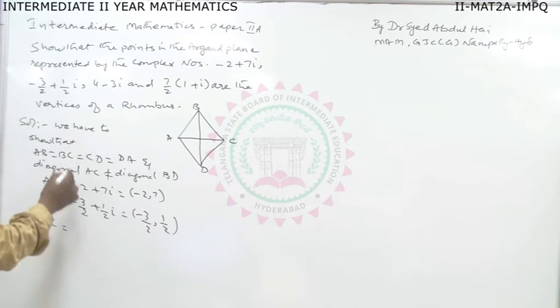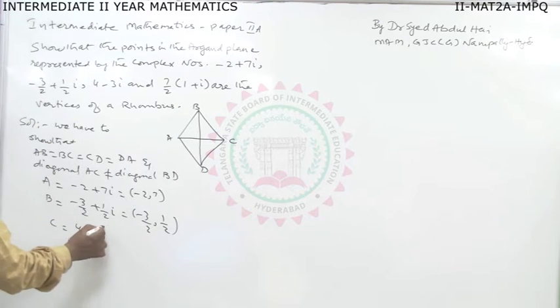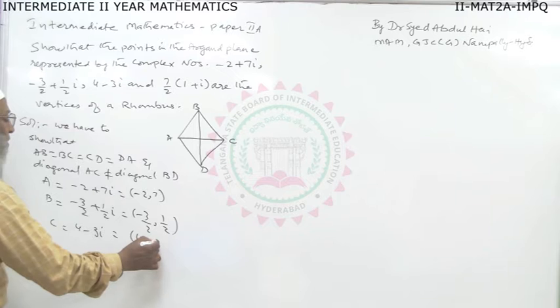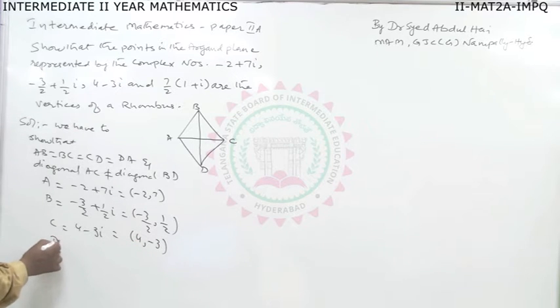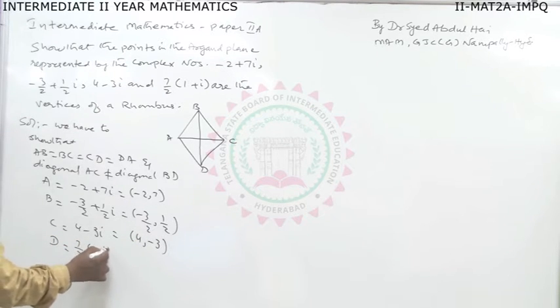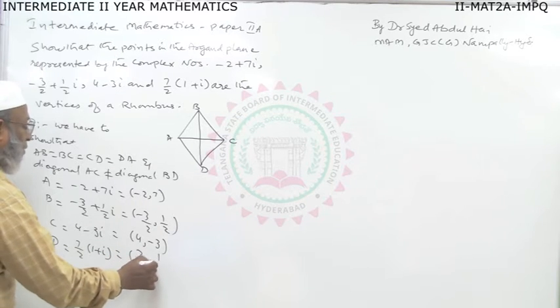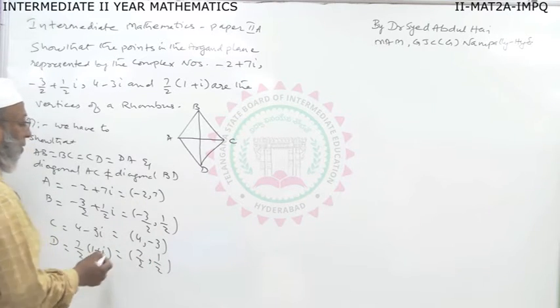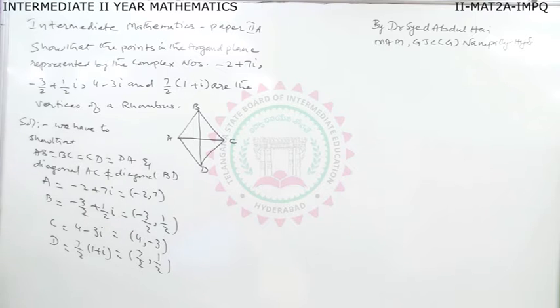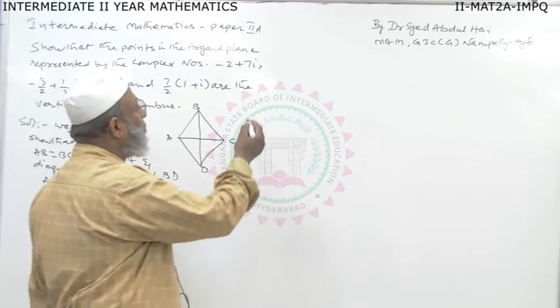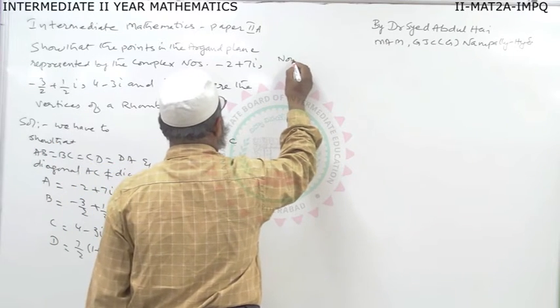C is equal to 4 minus 3i is equal to 4 comma minus 3, and D is equal to 7 by 2 into 1 plus i is equal to 7 by 2 comma 1 by 2.